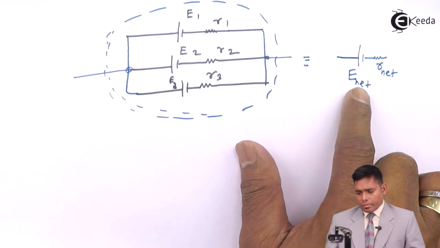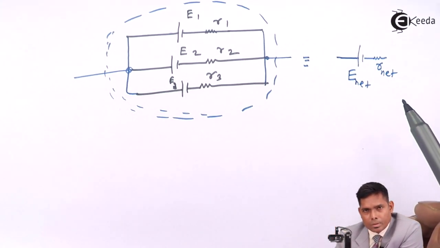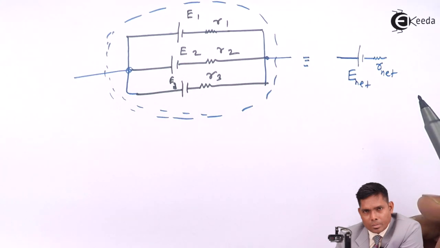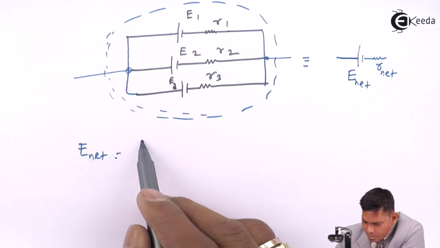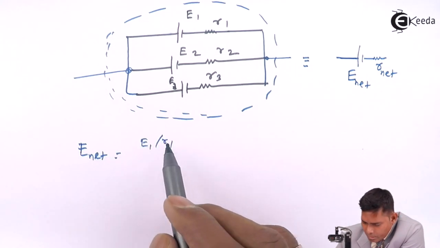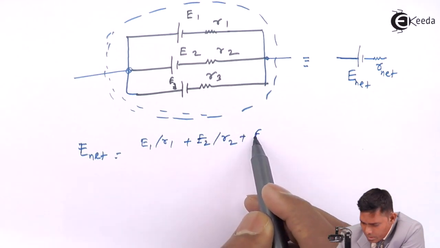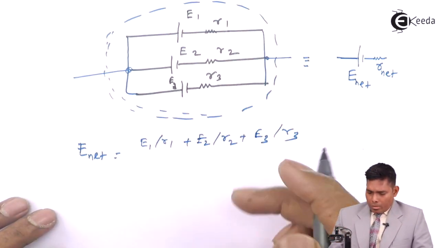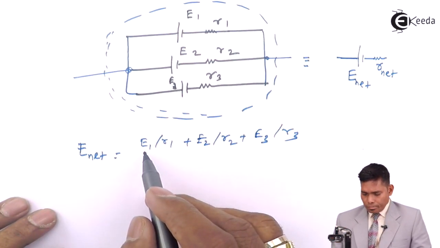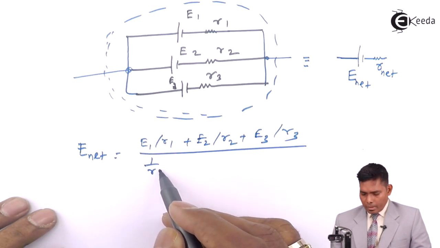So this is what we discussed, that the formula is E net is the sum of Ei upon Ri. So net EMF is E1 upon R1 plus E2 upon R2 plus E3 upon R3, divided by 1 by R1 plus 1 by R2 plus 1 by R3.